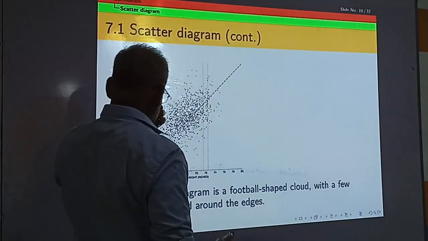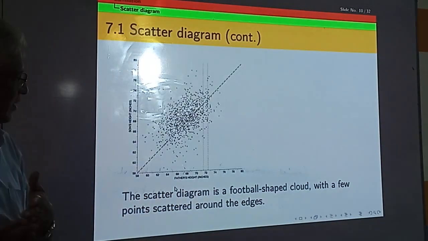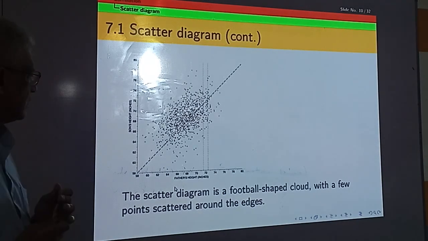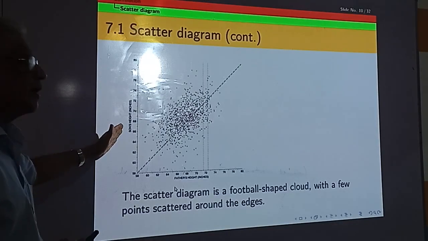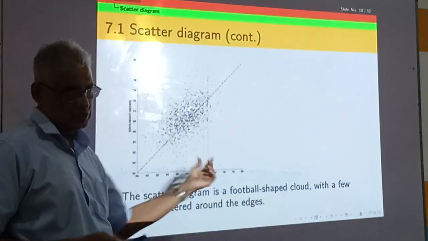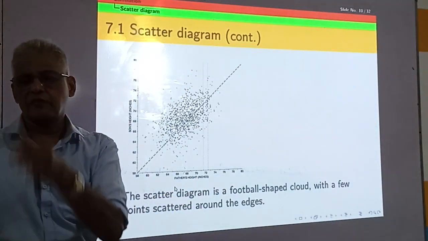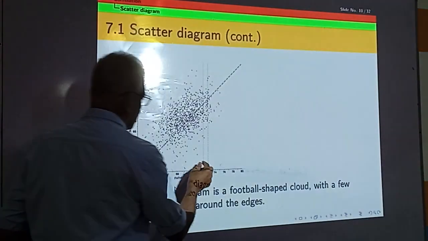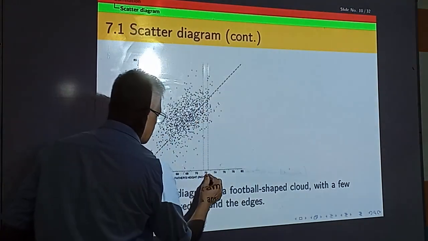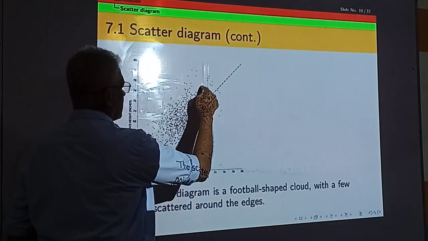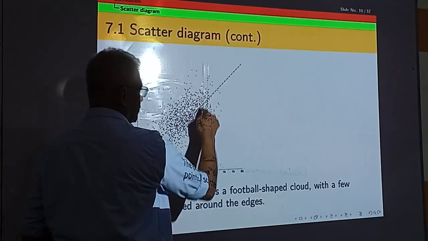And if you want, you can look at some kind of conditional distributions also. For example, how does the distribution of the son's height look when the father's height is approximately 72? So for a given value of one variable, what is the distribution of the other variable? If you consider all the sons whose fathers are around 72, their heights are in this range.